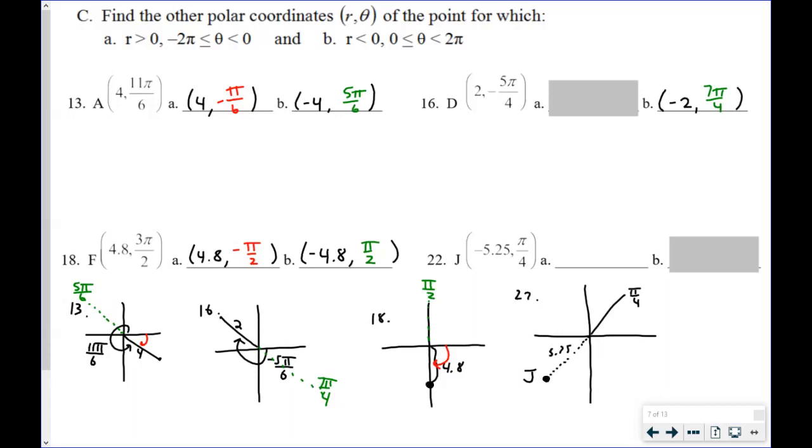So as a positive r and a negative theta, how do we get that angle? That's just -3π/4. Questions on that?